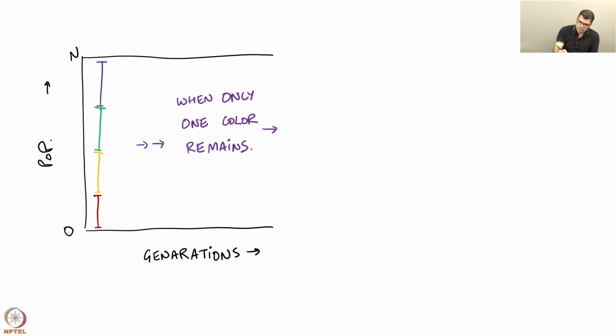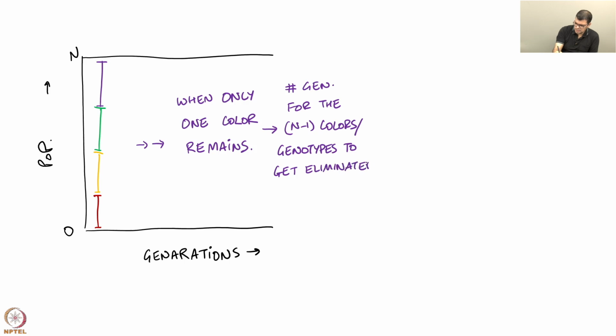Let us imagine that the time taken, in terms of number of generations, for the n minus 1 colors or genotypes to get eliminated, let us call that t bar 1.